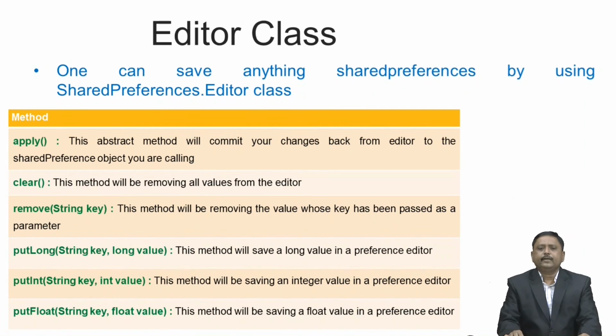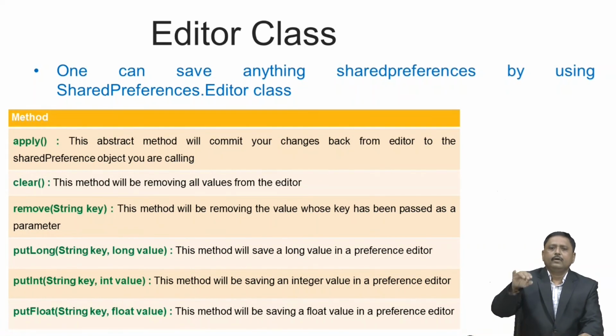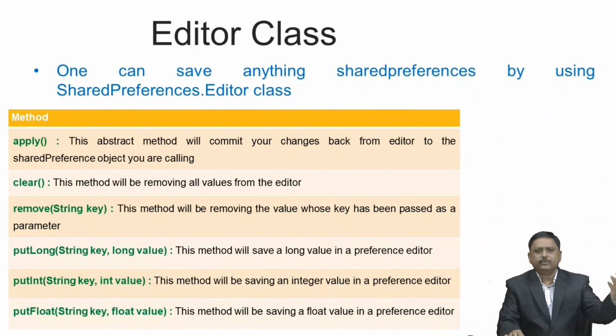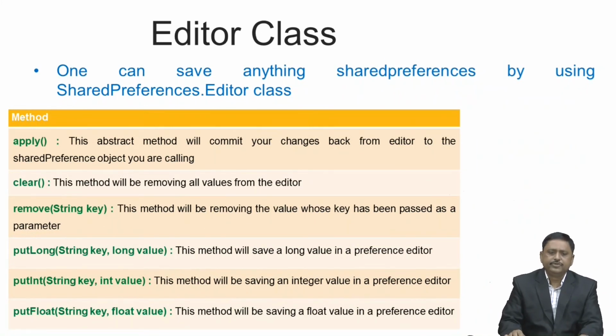This method will remove the value whose key has been passed as a parameter. For example, background, which specifies the background color. Then you can put either a long, integer or float value, or we have other methods also to put other kinds of data inside SharedPreferences.